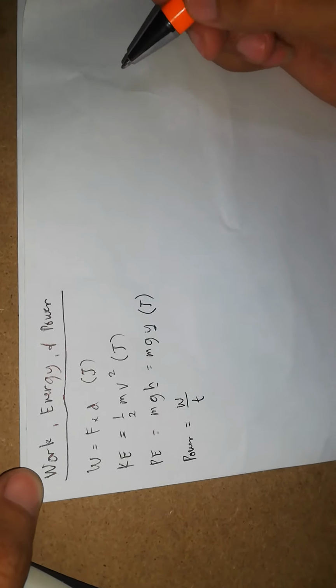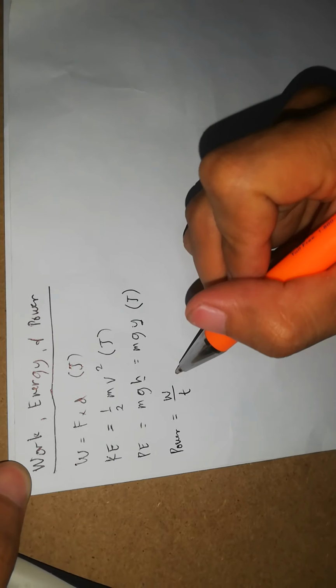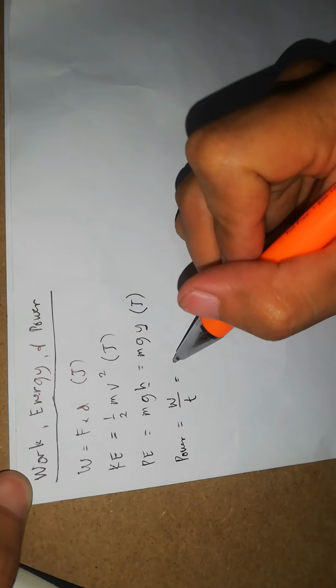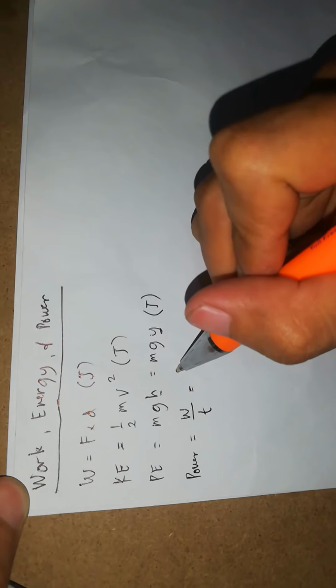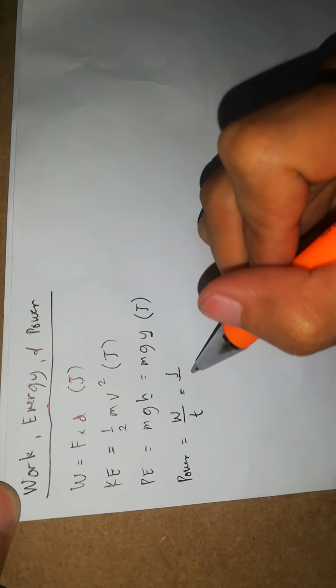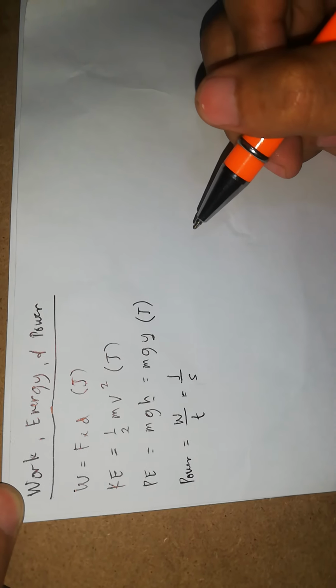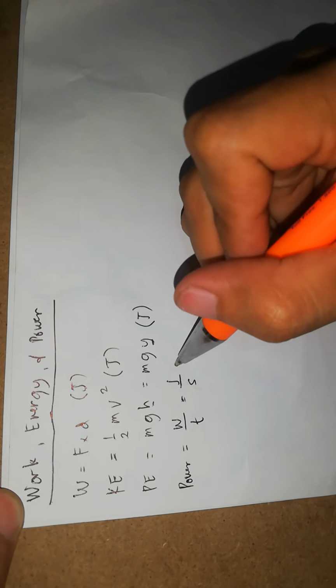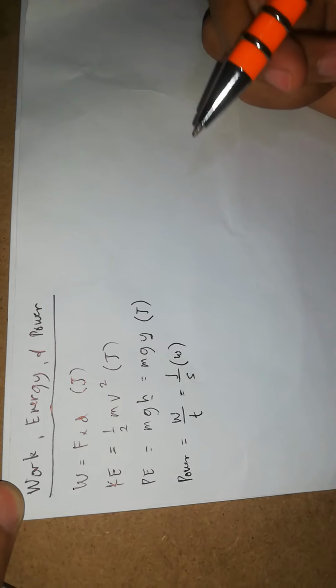So, kahit anong gamitin natin dun sa tatlo, as long as the unit natin for work is joules, and unit natin for time should be in seconds. So, joules per second equal to watts.